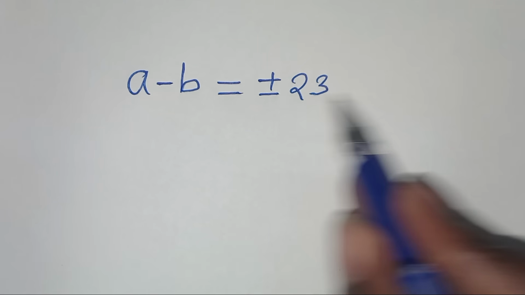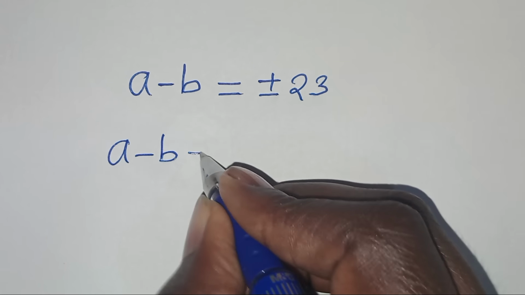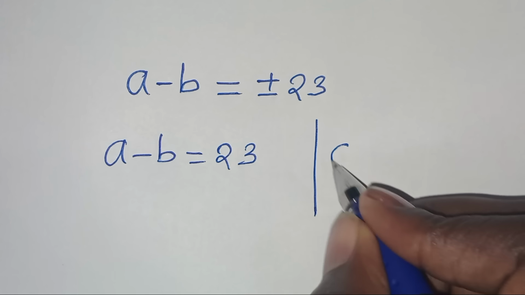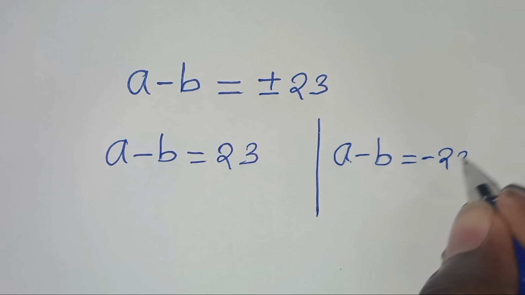Now we have two values of a minus b. We have a subtract b equal to 23, and then we have a subtract b equal to negative 23.